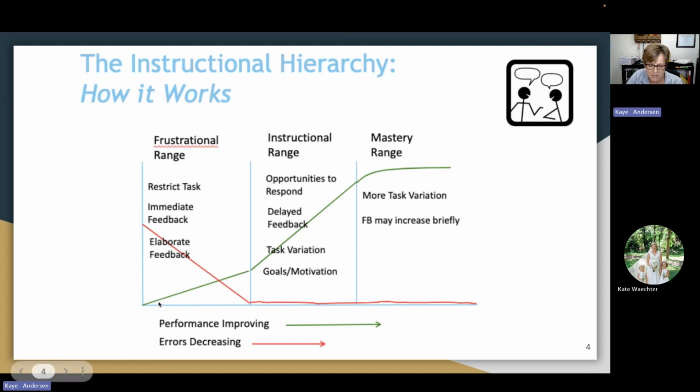The colored lines show us how, as performance increases and fluency is gained and students move into mastery, we can expect their number of errors to decrease, but more importantly, we can expect them to get more fluent and proficient.